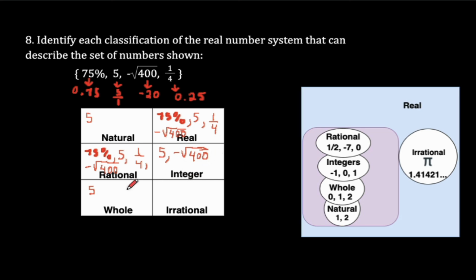So that's not an integer. Is 1/4 a whole number? It is not, for the same reasons it's not an integer. Whole numbers do not contain fractions or decimals. Is it an irrational number? Well, it's not an irrational number. So here we have it.